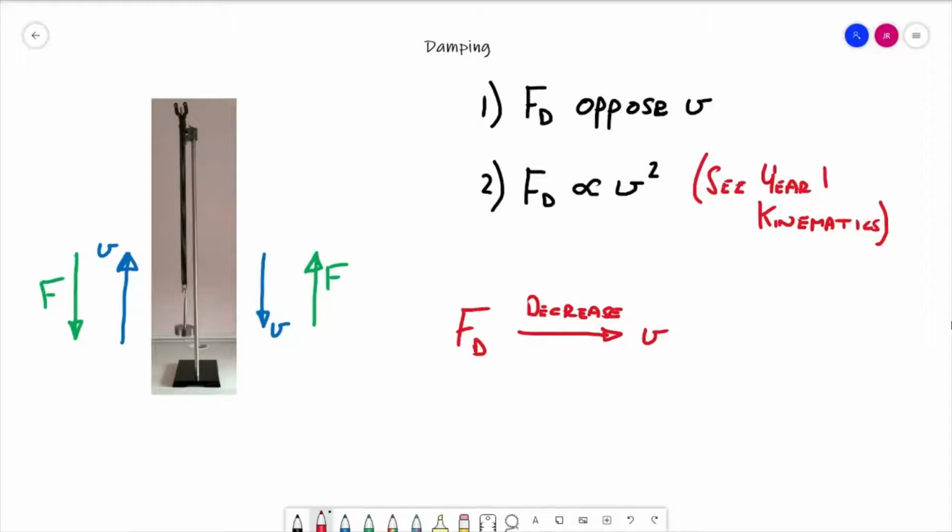But as v decreases, because the damping force is proportional to v or v squared, that will also decrease the amount of damping force we've got. So as one decreases the other, which decreases the first one, we keep on going round in a bit of a circle.